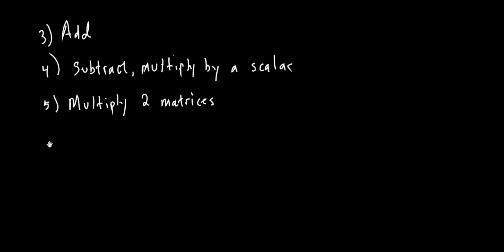Then 6. It's just a 2 by 2 determinant. That's the easy version. What do you think number 7 is? A 3 by 3. That's where it gets a little more complicated.